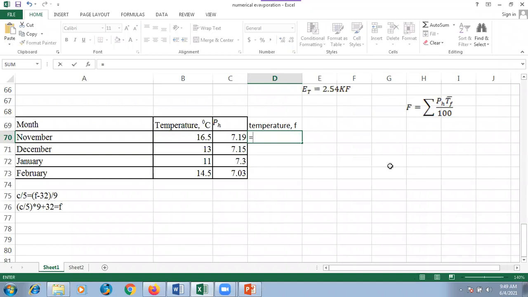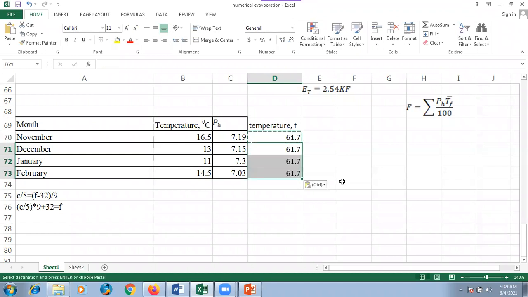I would do that using Excel: temperature in degrees Celsius divided by 5 times 9 plus 32. Done. Similarly, I will do it for the other months also. It is done. This is temperature in degrees Celsius, and you always obtain a higher number in Fahrenheit.